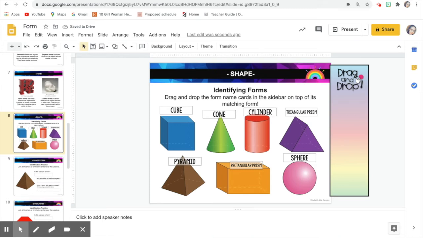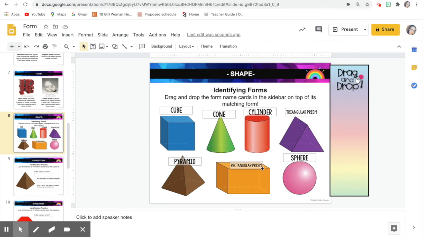Okay, I have sorted them out, so let's remember: a cube is made of squares. A cone looks like an ice cream cone. It has one circle on the bottom. A cylinder has two circles. A triangular prism has two triangles. A pyramid has four triangles.